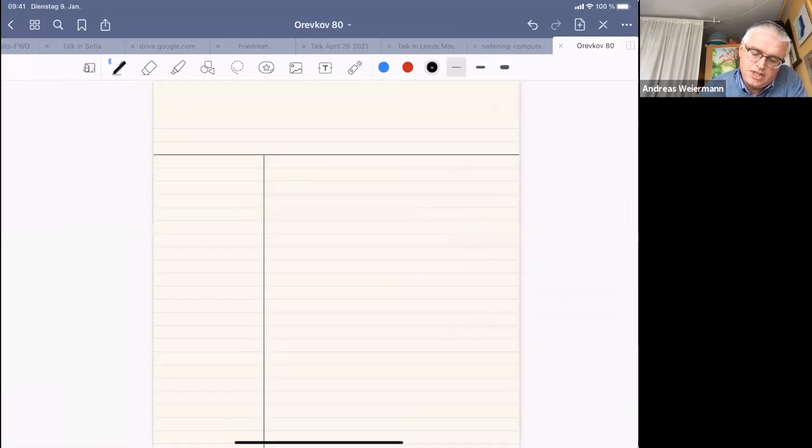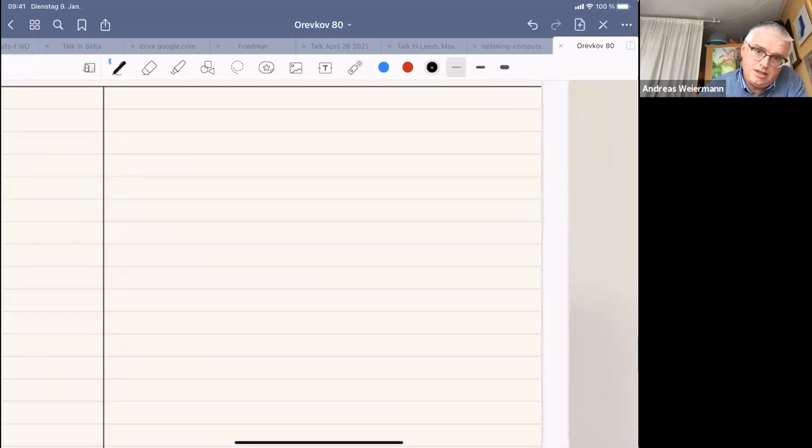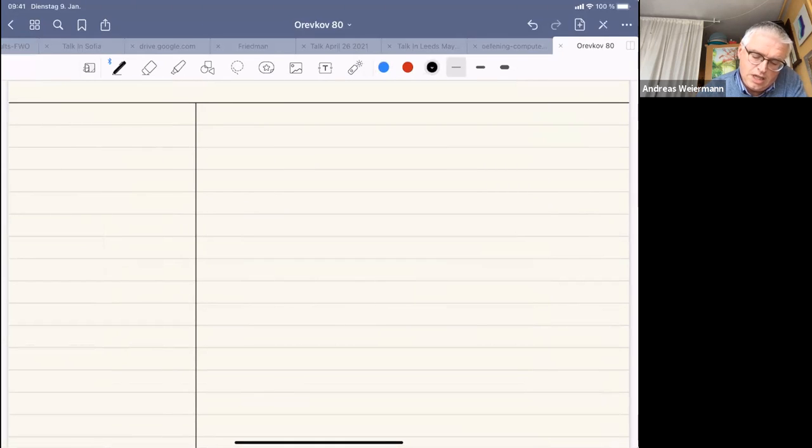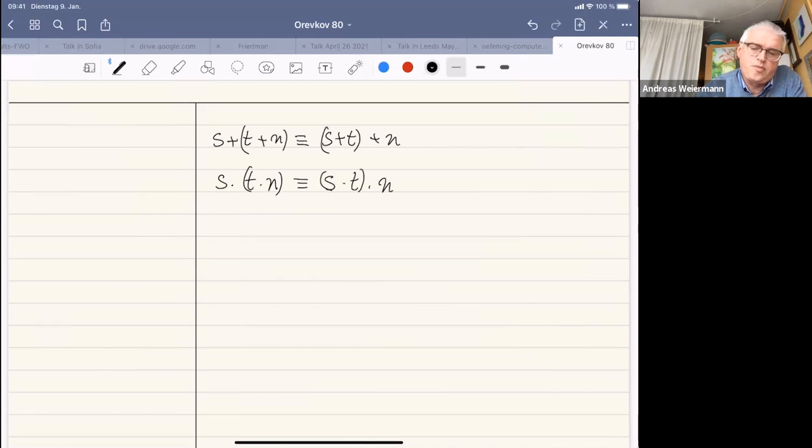The next thing which I want to discuss is a natural property, namely associativity, namely S plus T plus U can be identified with S plus T plus U, and S times T times U is the same as S times T times U. Now one can define the ordering relation in a way that such terms are equivalent modulo the ordering relation. This leads to a canonical extension of the relation.